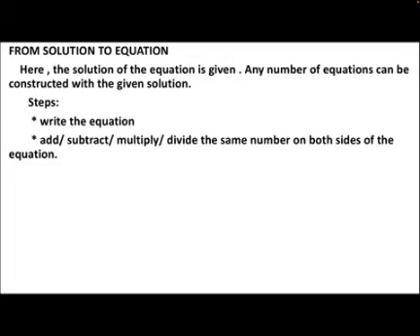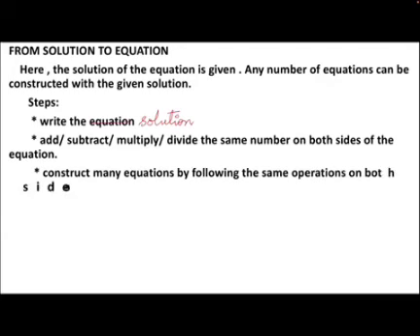Here, write the solution. The first step is to write whatever is the solution given to you. Then, construct many equations by following the same operations on both sides of the equation. Example: m equals 6 is your solution, children.